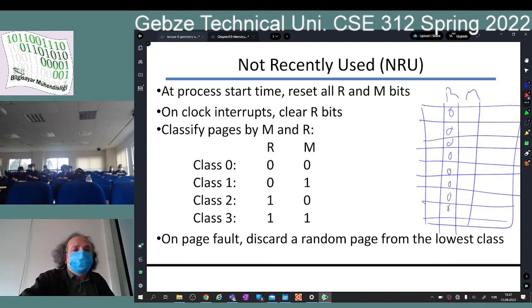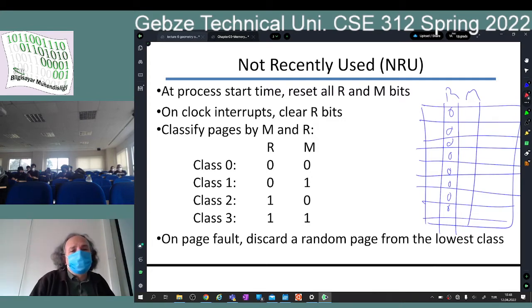By the way, this classification, once it is done, we don't use these classes unless a page fault happens. When the page fault happens, if there is a free page, then I would immediately use it, just load it to the free page. If there is no free page, all the pages are occupied, then I have to choose one page to replace.